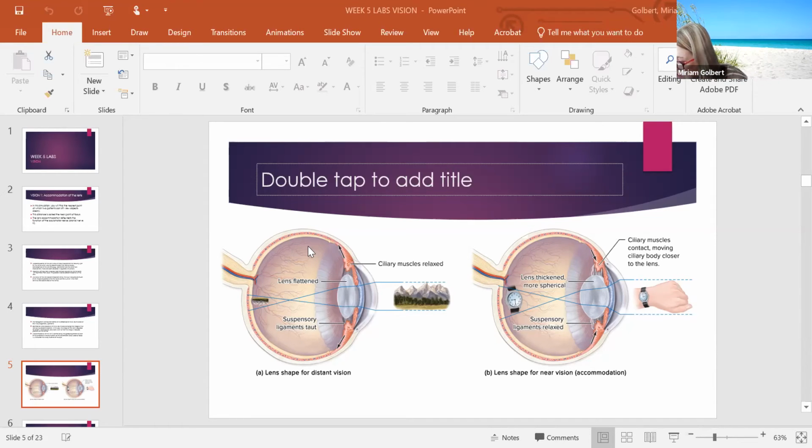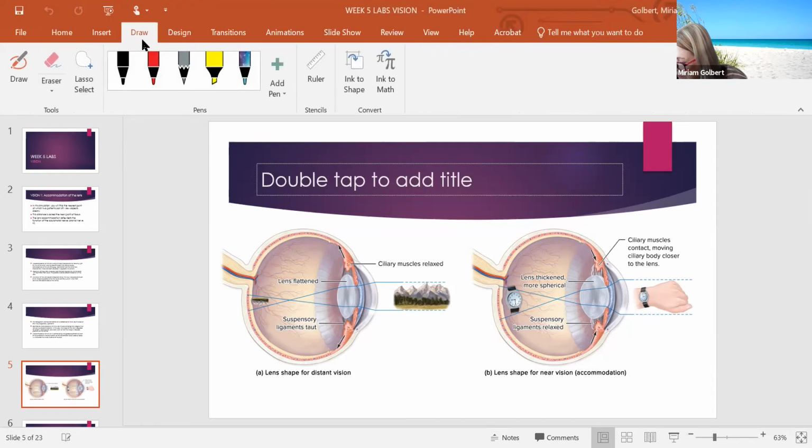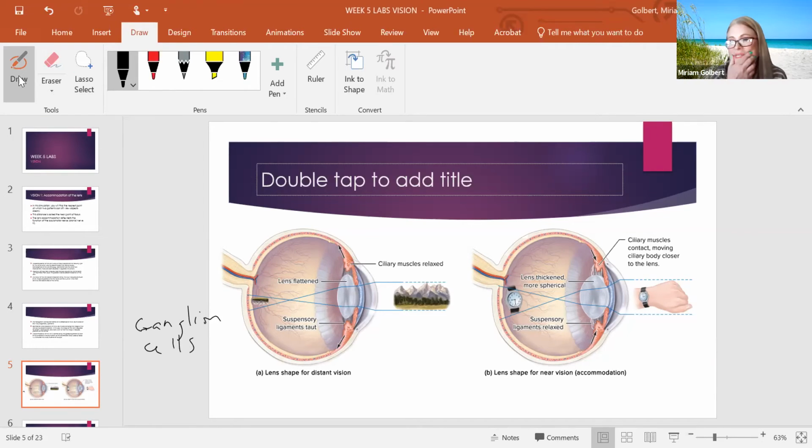So ganglion cells are the ones whose axons are going to form the optic nerve. Okay, so the optic nerve is right here.